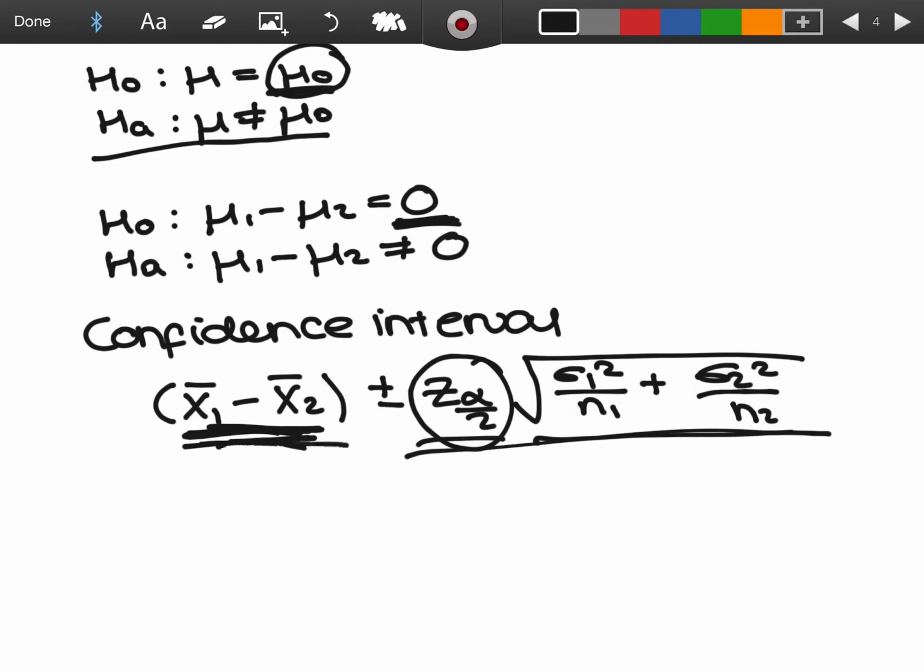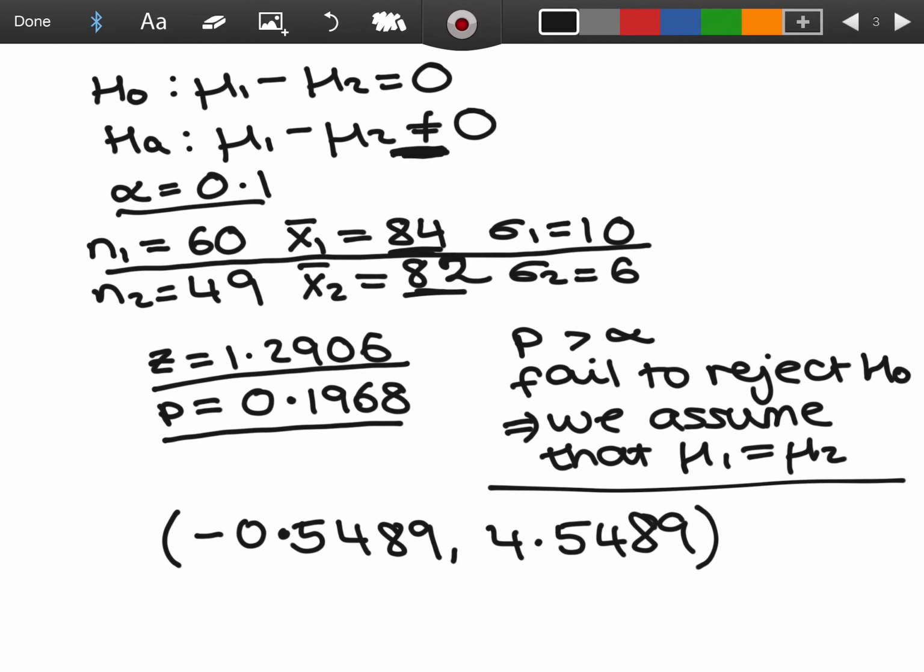If 0 falls in the interval, these two things are close enough together that I can consider this thing to be true: mu1 minus mu2 is equal to 0, because if my sample means are close enough together, I can consider these population means to be equal, okay? So 0 does fall in this interval. That means that I can fail to reject my null hypothesis.